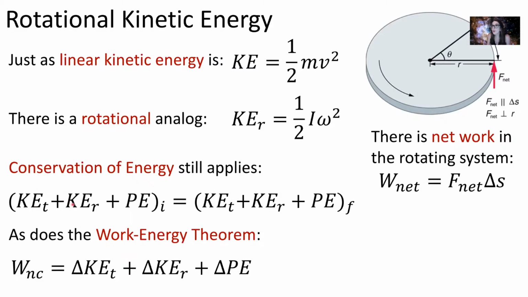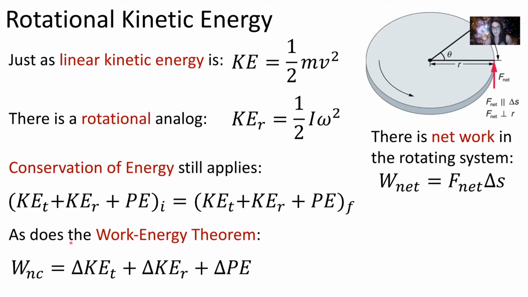Plus now a rotational kinetic energy because our object is going to be rotating, which is 1/2 moment of inertia omega squared, plus the initial gravitational potential energy. And then that has to equal at some later time the final linear kinetic energy plus the final rotational kinetic energy plus the final gravitational potential energy.